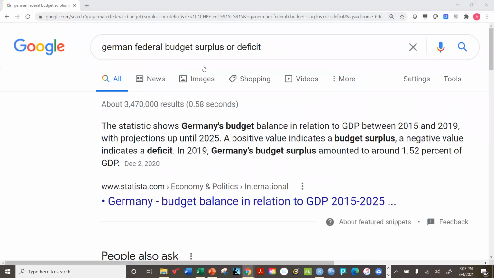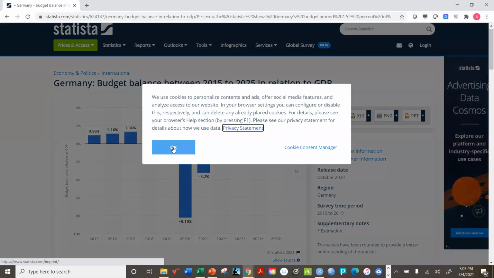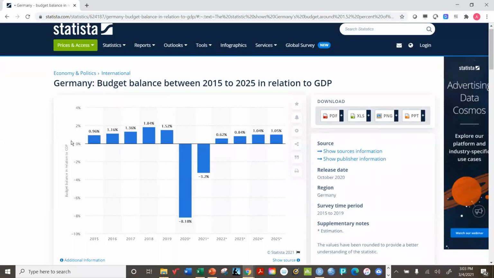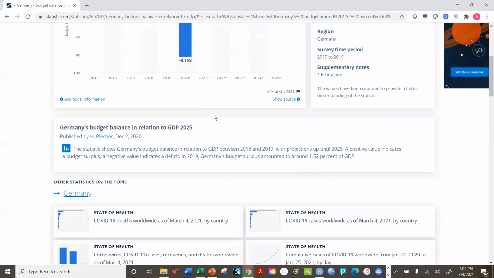Here it is. Well, what do you know? Somehow they managed to get themselves a little surplus going on here. I don't know how they pulled it off. Oh, no, that's projected. They're just guessing. But they were ahead. Yeah, you're right. I don't know how they managed to do that.